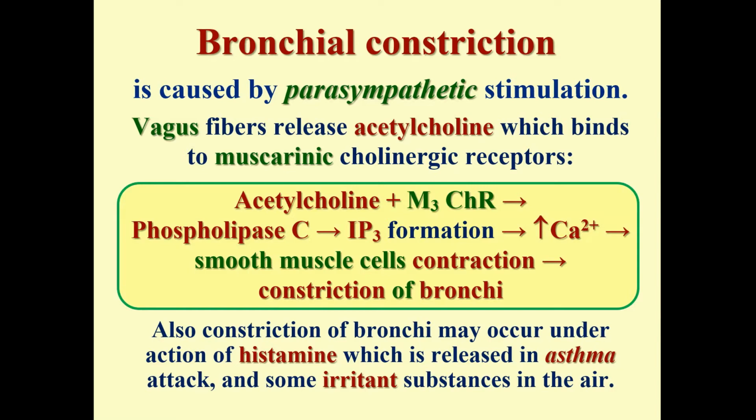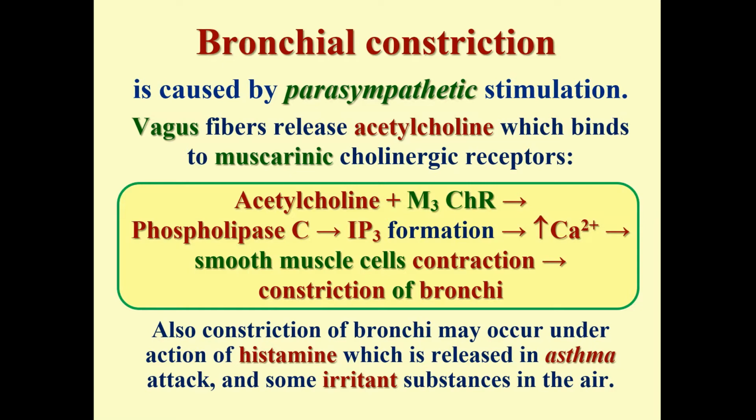smooth muscle cells, but also it produces edema of the mucosa. And you understand that if there is edema of mucosa, the bronchial mucosa cannot be dilated because the cartilages prevent its edema going outside, and only inside the lumen becomes decreased.